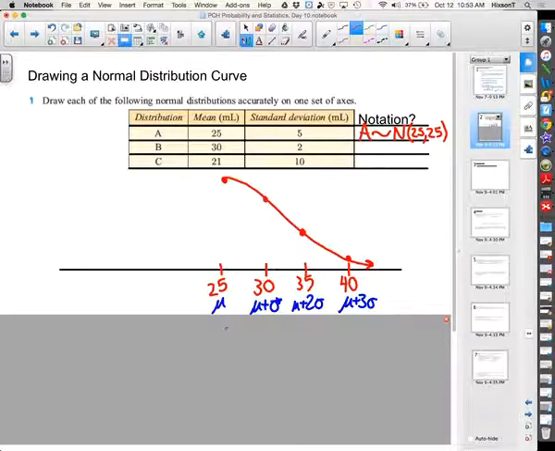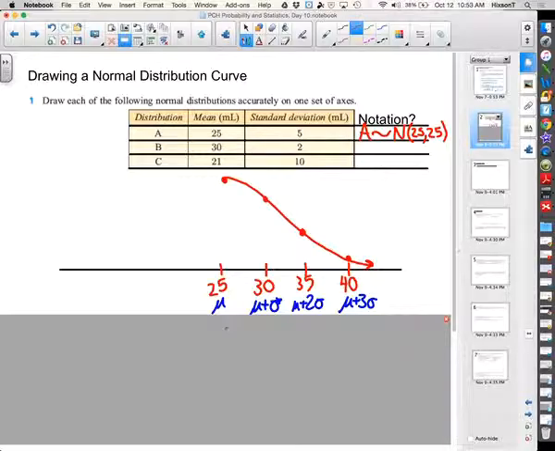It's 0, right? What we're going to use this normal curve for is to find probabilities of ranges. For example, we're going to be able to use this to find the probability that a random variable will be between 30 and 35, or greater than 30. Okay? But we need the left-hand side here as well.